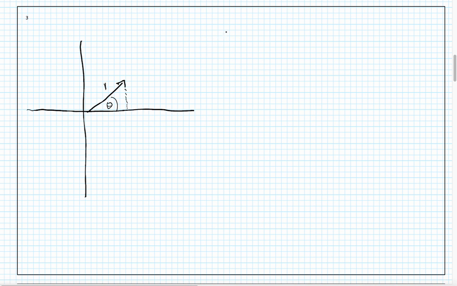So if I were to ask you about what is the cosine of theta, and if I were to ask you about what is the sine of theta and the tangent of theta, you have to remember some goofy thing that you learned back in high school. I think we learned SOHCAHTOA.